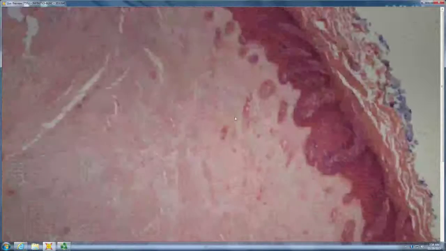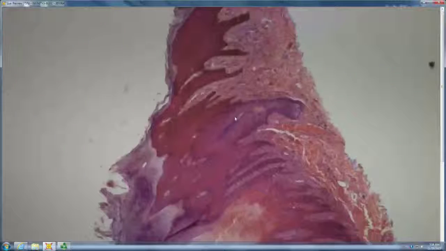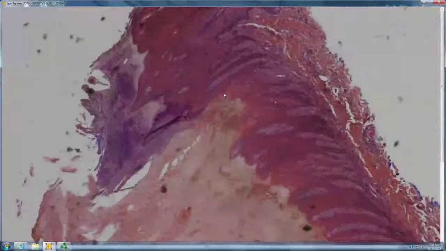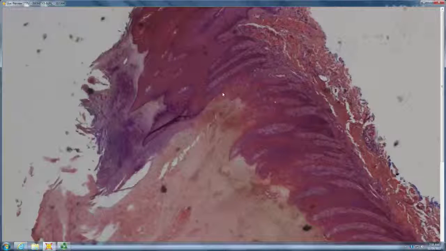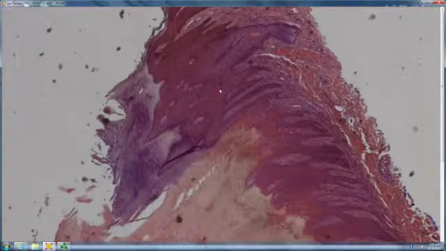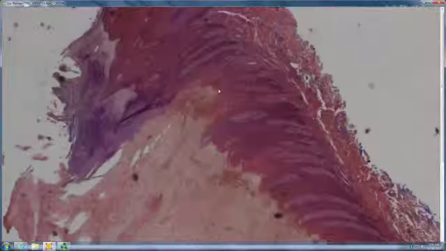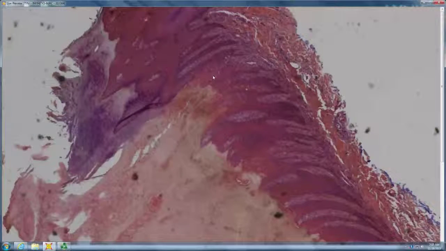So maybe it's a verrucous stage of incontinentia pigmenti, where you'd have those dyskeratotic cells throughout. Still's disease can have them scattered throughout. Usually not this massive hyperkeratosis, though. But what else would give you a wedge of dyskeratosis like that?